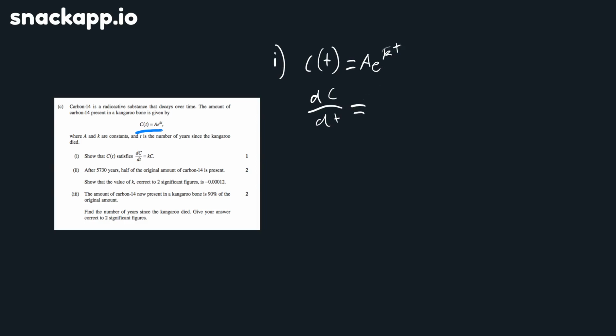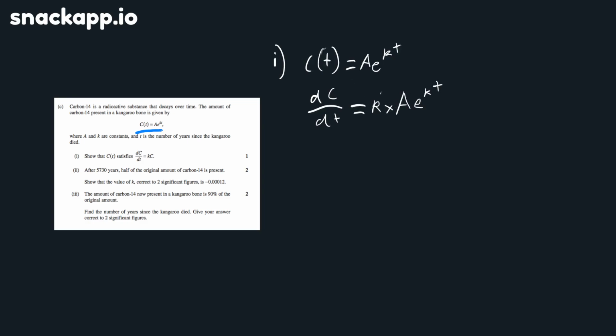It's an exponential, so we take what's in the power, differentiate it, and times it by the whole lot. So kT differentiated in terms of t is just k, so we get k times everything we had before, A e^(kT).